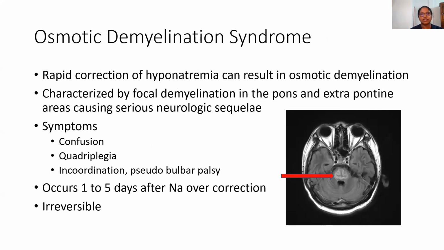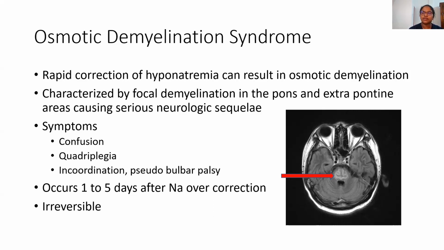And what is this osmotic demyelination syndrome? Once you do rapid correction of hyponatremia, due to shifts of water from the cellular compartment to the extracellular compartment, this can result in demyelination. It can be in the pons or in the extrapontine region and can result in serious neurological sequelae such as confusion, quadriplegia, incoordination, pseudobulbar palsy, and any of the palsies involving the pontine and extrapontine region.